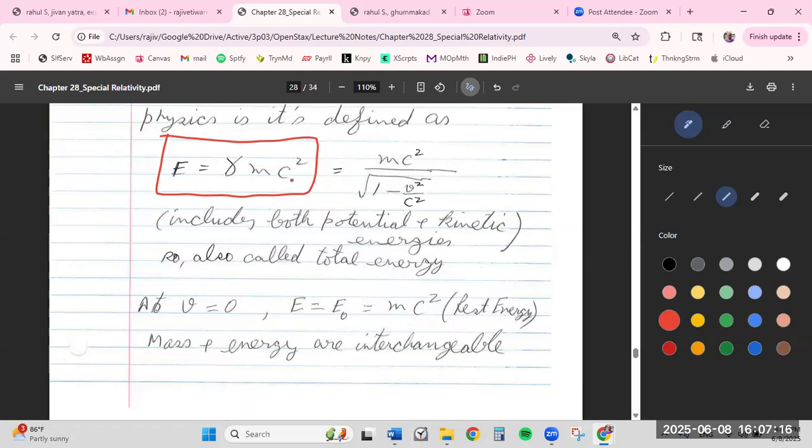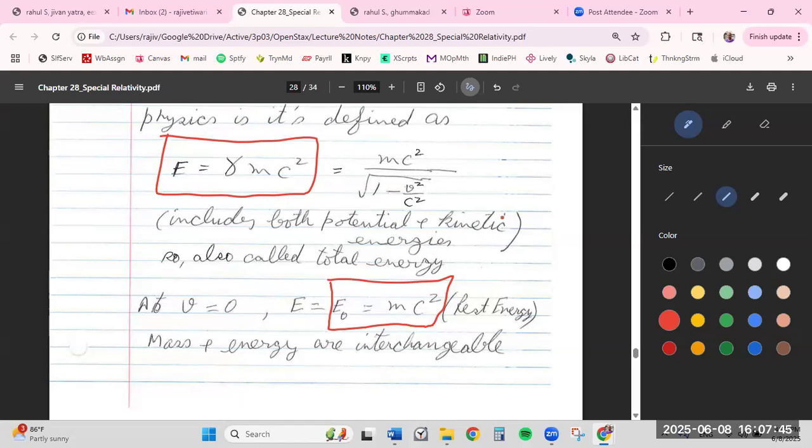From this equation, if v is 0, this second term in the radical becomes 0, so E is just equal to mc squared over the square root of 1, which is just 1. So the rest energy of an object of mass m is E naught equals mc squared.